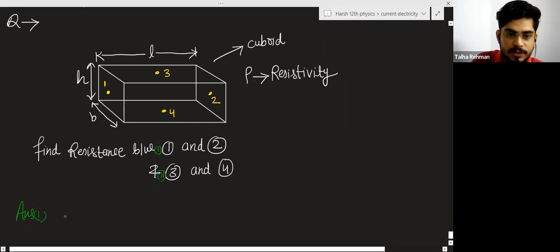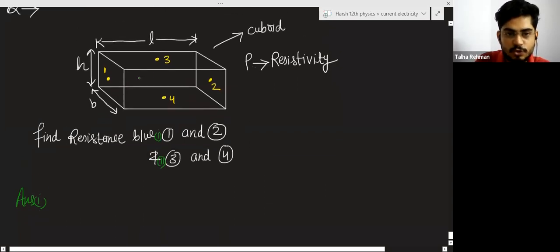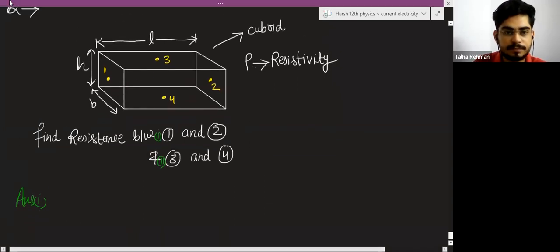So for the first question, if you want to find the resistance between 1 and 2, you have this cross section area.